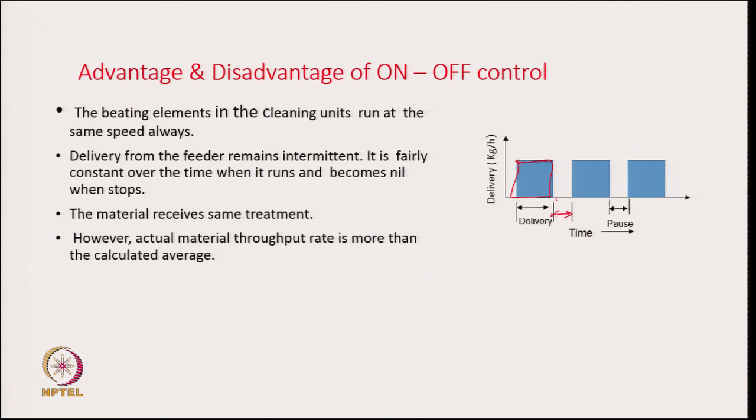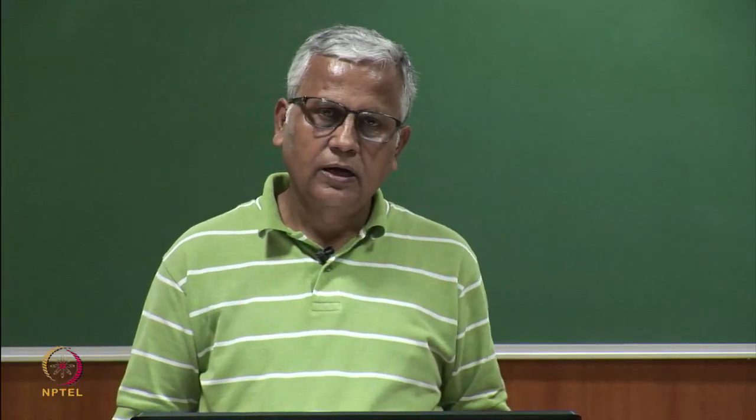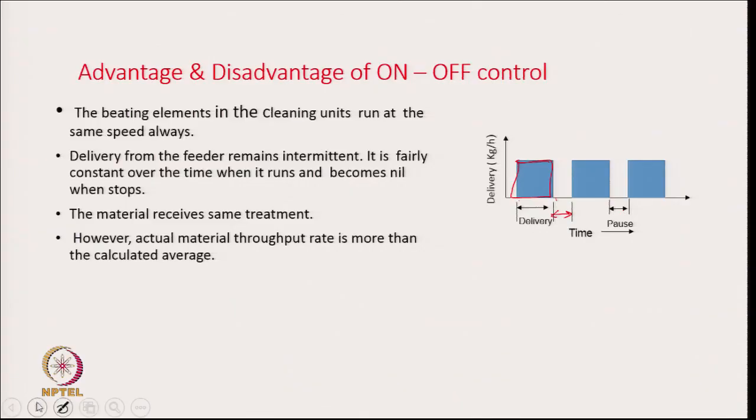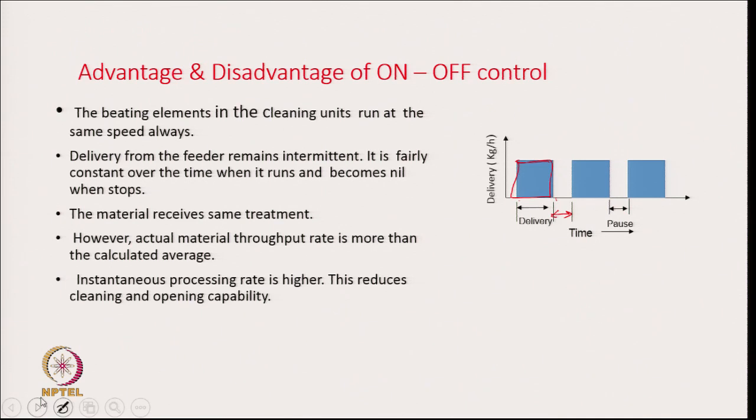So, like here there is no delivery or there is a pause. So, to any opening or cleaning unit, sometimes there will be delivery of material within the machine and sometimes there will be a complete pause. So, as a result of this, what is happening?